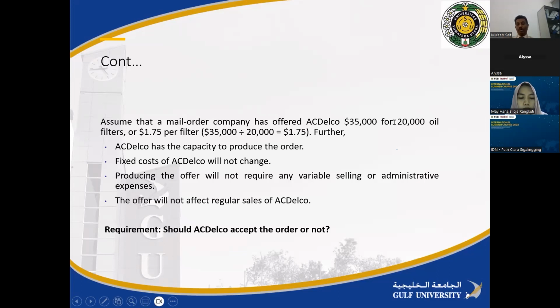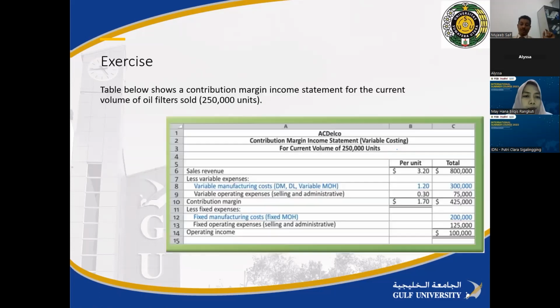They said they will purchase 20,000 oil filters and pay only 1.75 for each. That means the total amount they will pay is only $35,000, right?